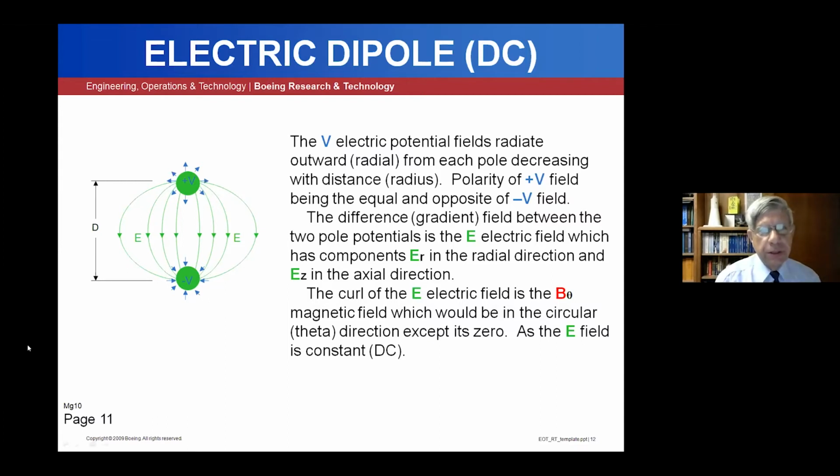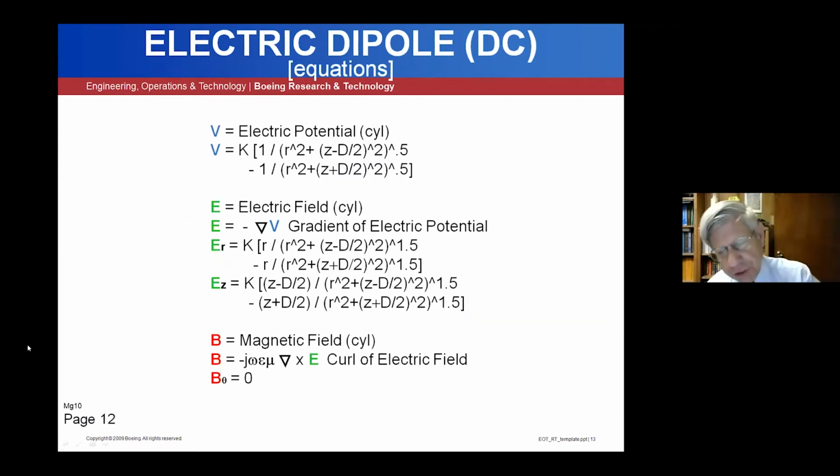Flipping the page here, this is where it starts getting nasty with the equations. So we start with the electric field potential, which is V, and you have all the equations for that. And then you take the gradient of that, you get the electric field, and that gets a little more messy. And then the B field, there isn't any because it's 0 on the frequency.